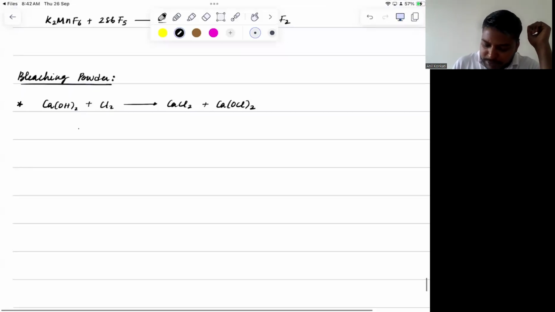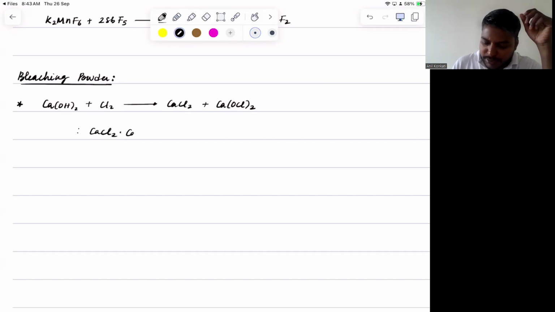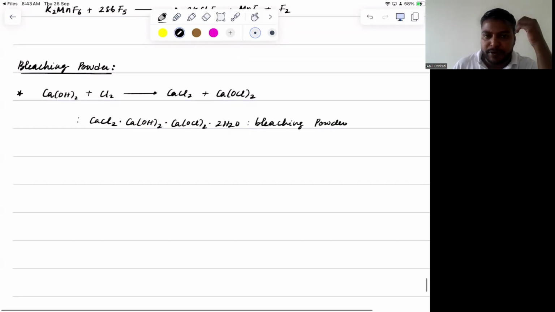If I keep this at a lower temperature, it will appear in powdered form, and that will be CaCl2.Ca(OH)2.Ca(OCl)2.2H2O, and this is what we call bleaching powder.